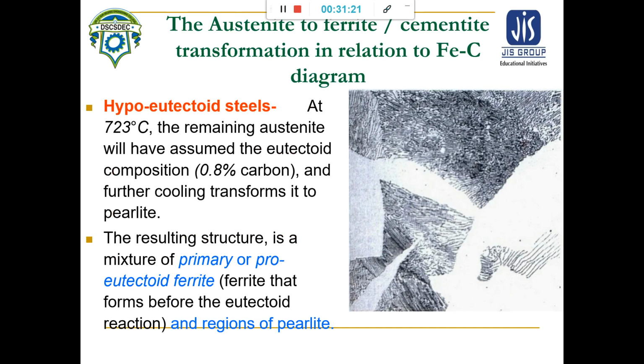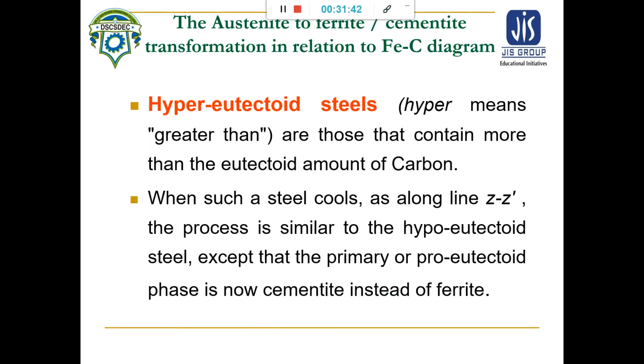So hypoeutectoid steel at 720 degrees Celsius, upon further cooling, may contain pearlite, and the resulting structure will be a mixture of primary proeutectoid ferrite and regions of pearlite. Hypereutectoid steel, hyper means greater than, so greater than the eutectoid composition means the right side of the eutectoid reaction line, and that would give us hypereutectoid steel.